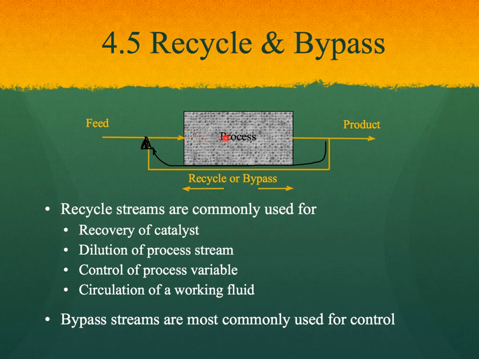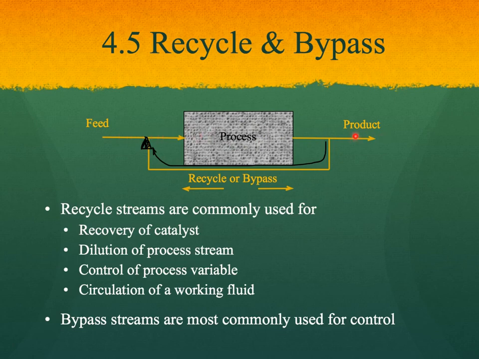Now a bypass stream is going to do sort of the opposite. I have most of my material going all the way through the process, but I'm going to maybe withdraw some of it in the feed, skip the process, and mix it into the product. This would be commonly done if maybe you have a heat exchanger as your process, and so the material is being heated.